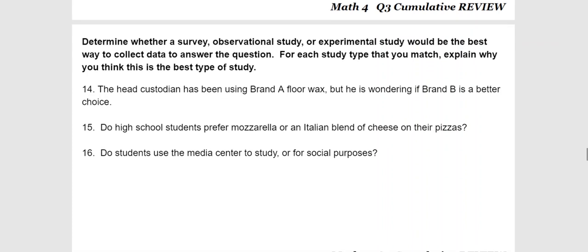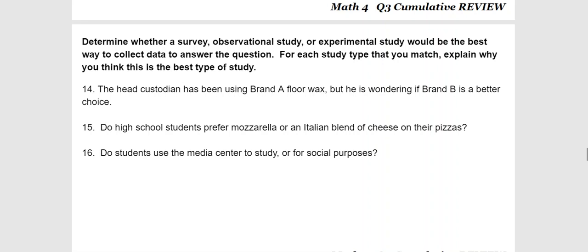All right, survey, observational study, or experimental study. The head custodian has been using brand A floor wax, and is wondering whether brand B is a better choice. This is not something he's going to want to go and watch somewhere. I mean, who watches people wax floors?